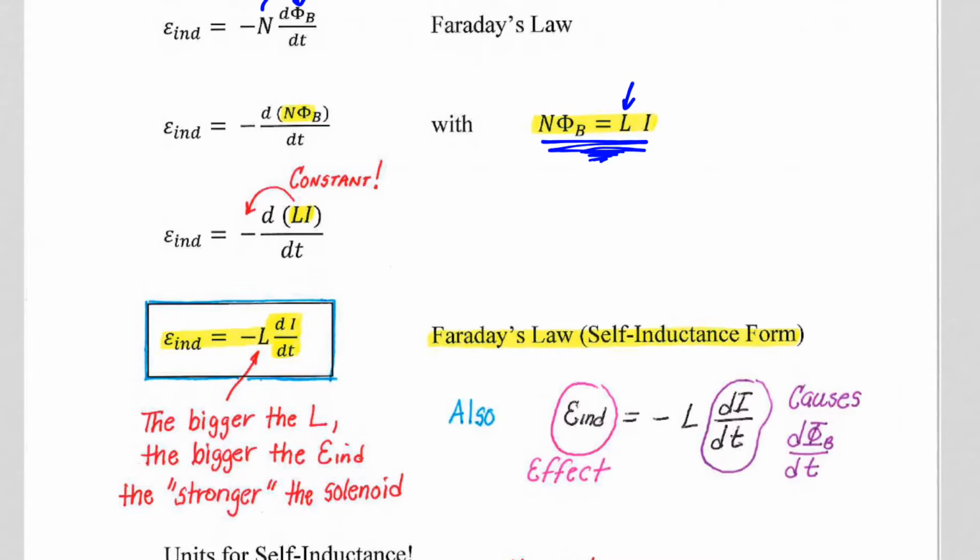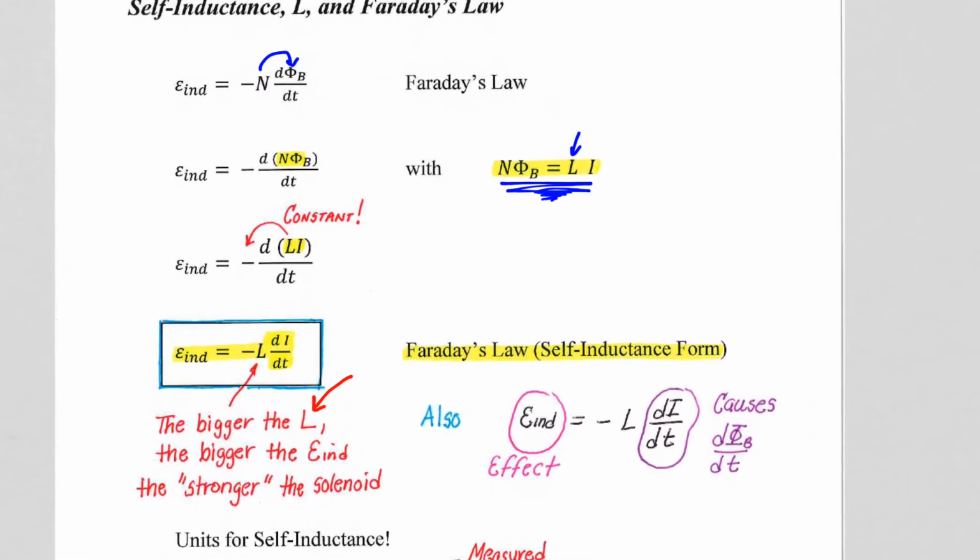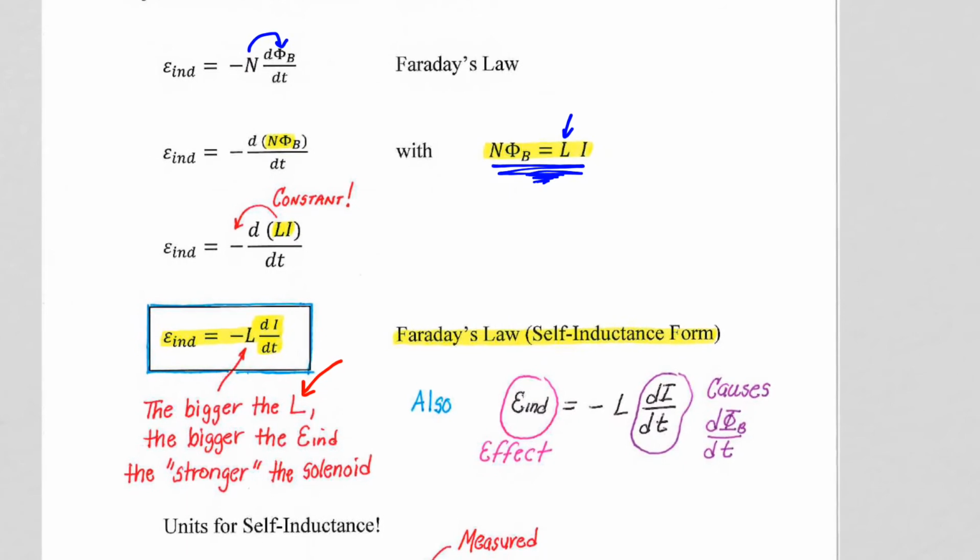So the bigger the L value, as it says here, so please again get all of these annotations into your notes, the bigger the self-inductance parameter, the bigger the induced voltage, the stronger the solenoid. So Newton set us on the path of logic and cause and effect.